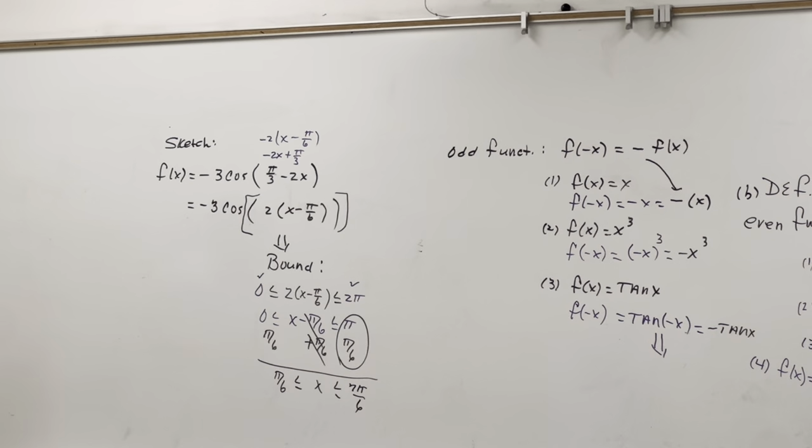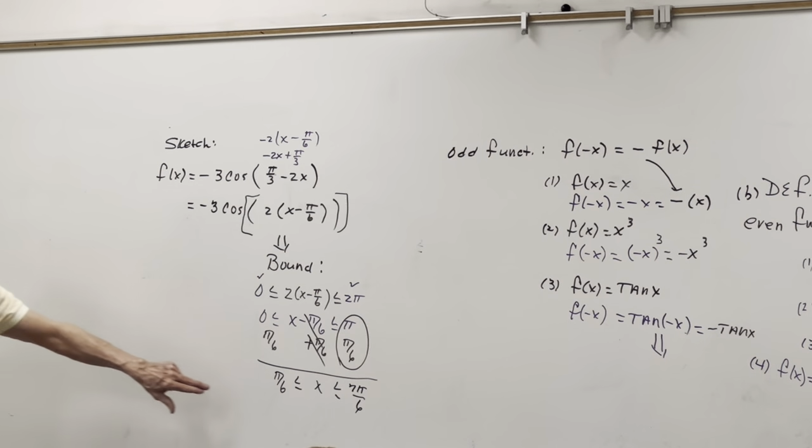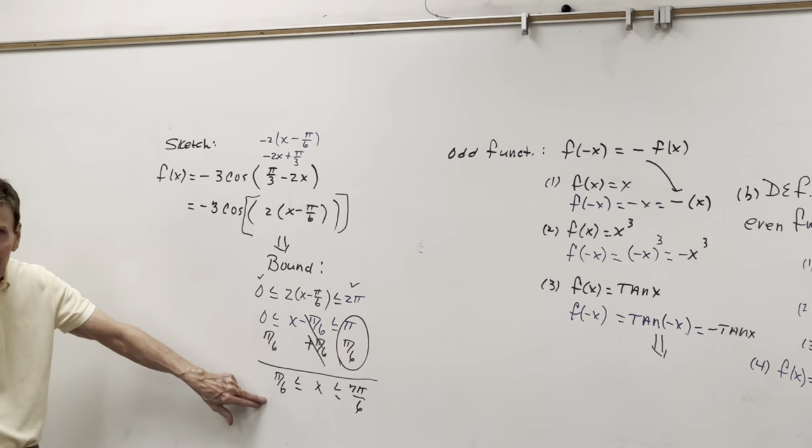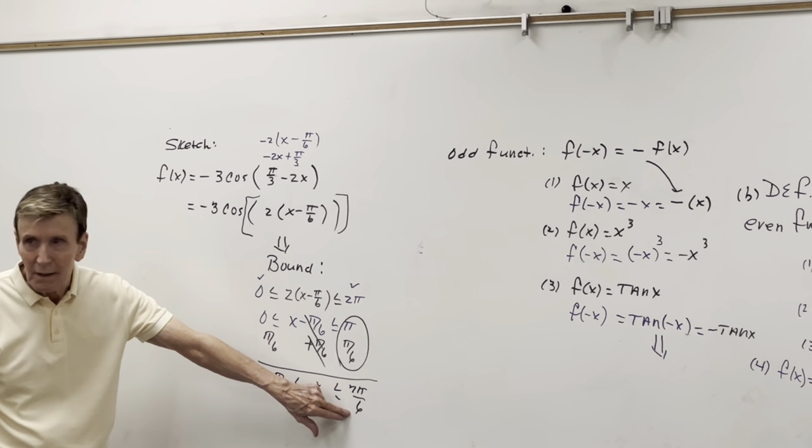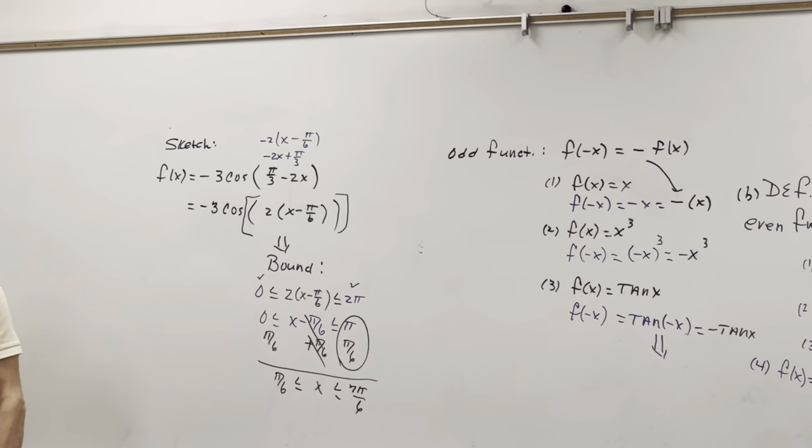The domain is tied in, something else. The period, I'll take that into consideration too. Something else, which is going to be so helpful: the starting point. Yes, it's going to start at pi over 6. And guess where it's going to end? 7 pi over 6. My cycle, which I don't have drawn yet, is going to start at pi over 6 and go to 7 pi over 6.